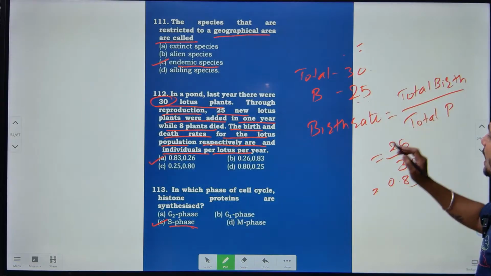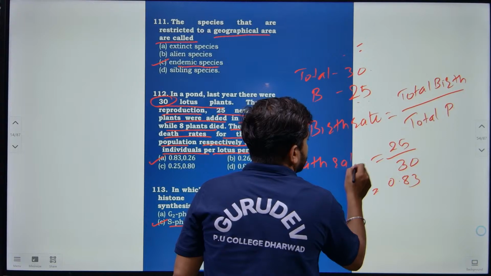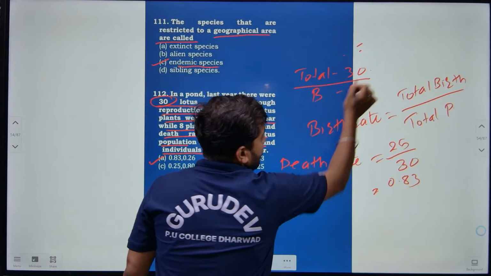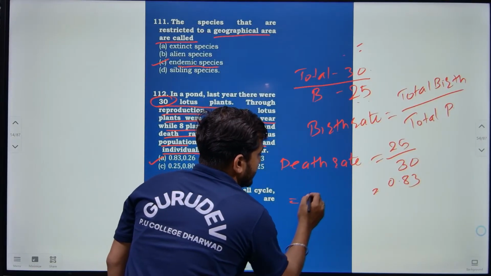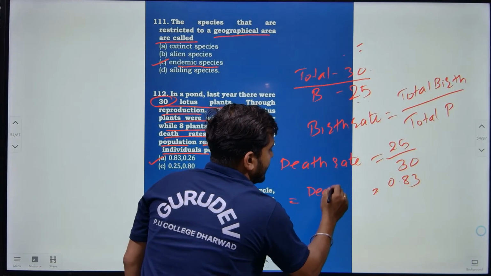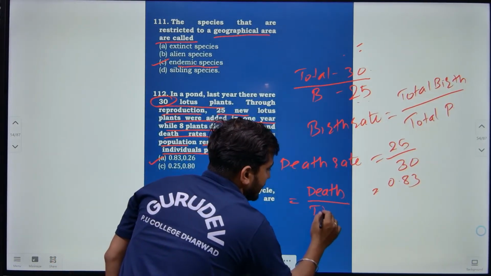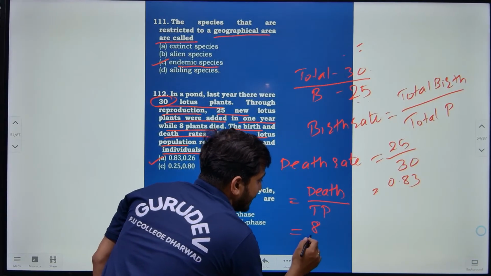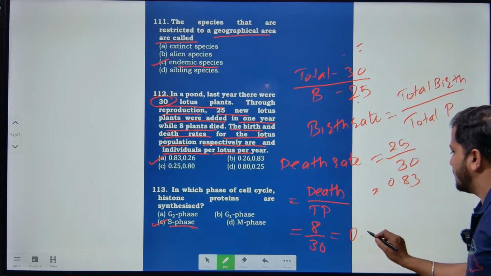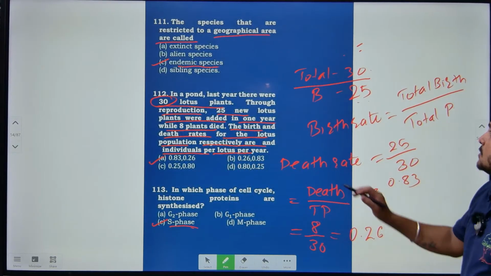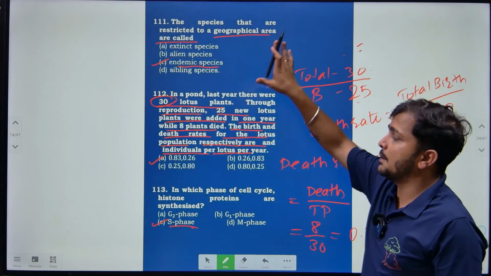For the death rate, the total number is 30, and the number of dead plants is 8. So 8 divided by 30 gives me 0.26.